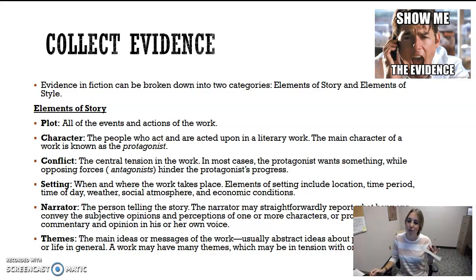We kind of have an omniscient narrator here, so we get a lot of perspective on characters. Sometimes the narration shifts to Poirot's perspective, which then narrows our ability to see what other characters are thinking, and that's important. And then themes, we talked about Monday, and text the main ideas or messages in the work itself.